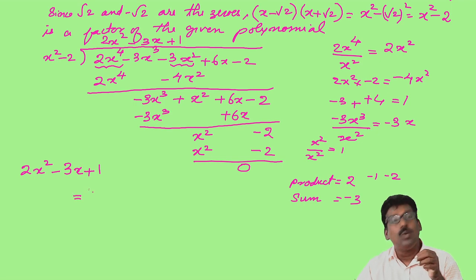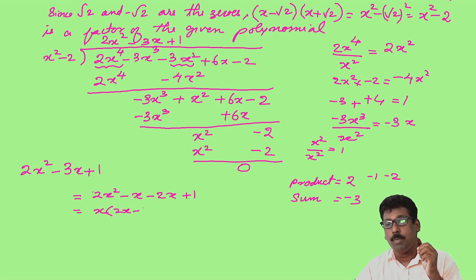So 2x square minus 3x plus 1, you can rewrite as 2x square minus 1x, that is minus x, minus 2x plus 1. Take the common term, that is x. So 2x minus 1 you will get. Here minus 1 you can take as common.